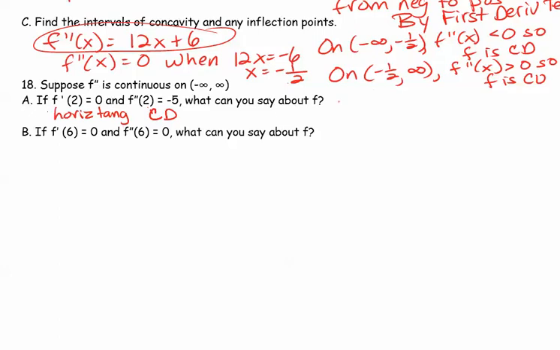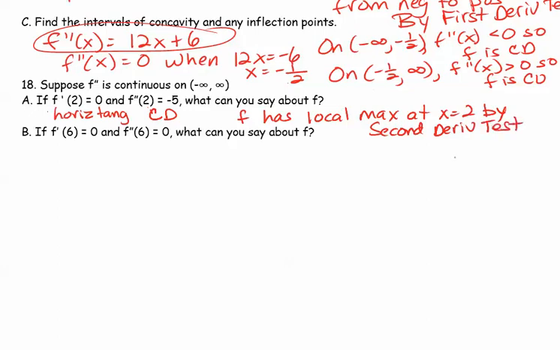So by our second derivative test, this means that f has a local max at x equals 2 by the second derivative test. How can you have a horizontal tangent in a concave down section? Just always think of that picture. Where can you have a horizontal tangent in a concave down section? So you don't have to memorize that.